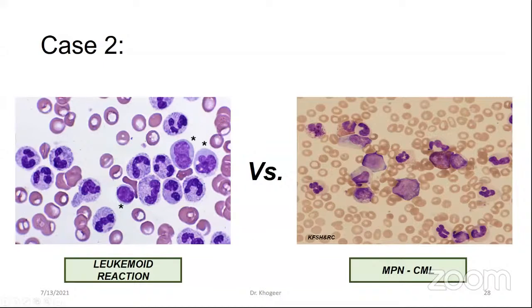Therefore, careful attention to the cytological characteristics of the neutrophils, for example toxic features and the presence of an accompanying left shift, as well as clinical and laboratory features, for example a history of infection, trauma, or drugs, is required to arrive at the correct interpretation of the peripheral blood smear.